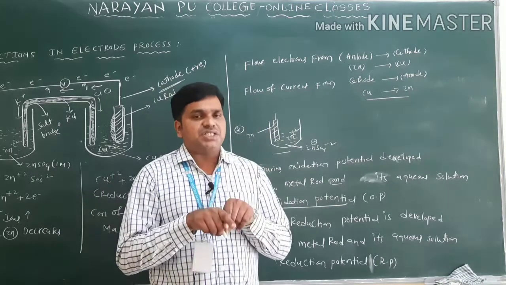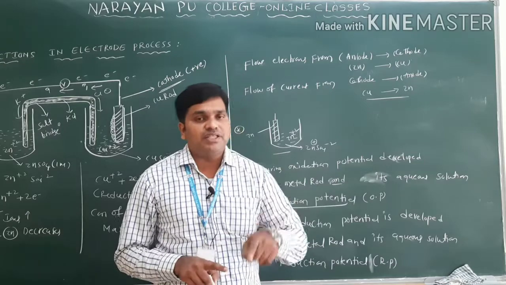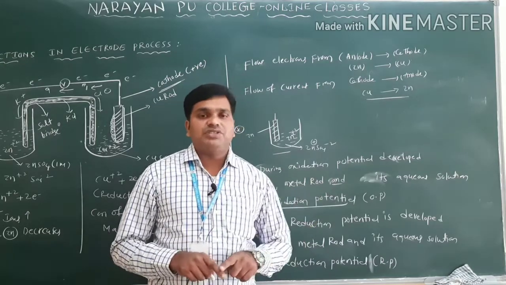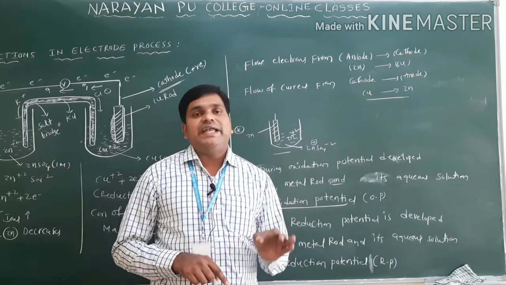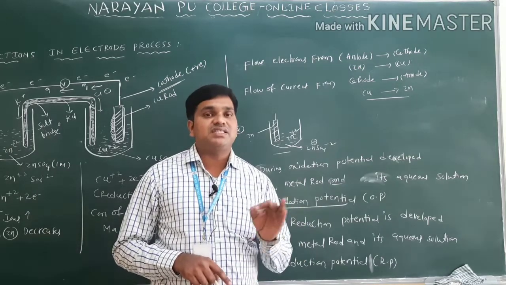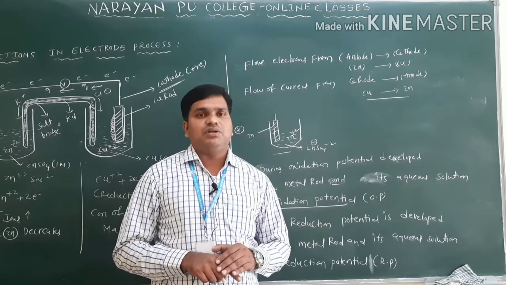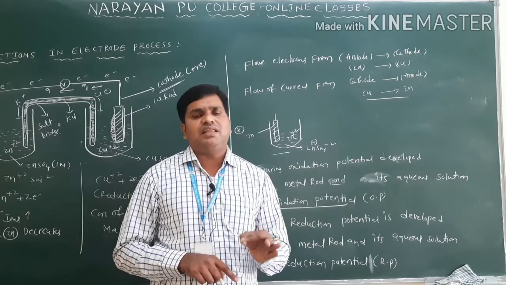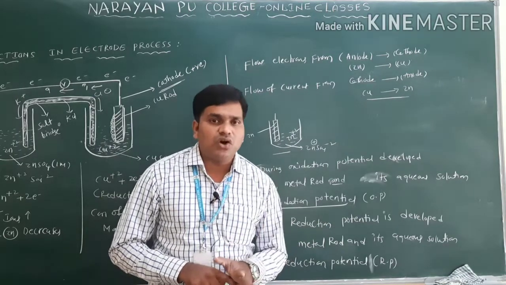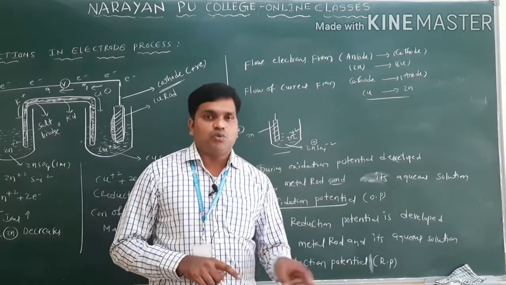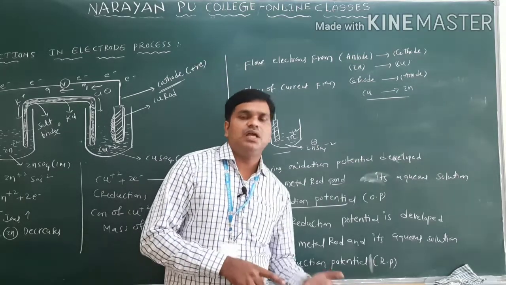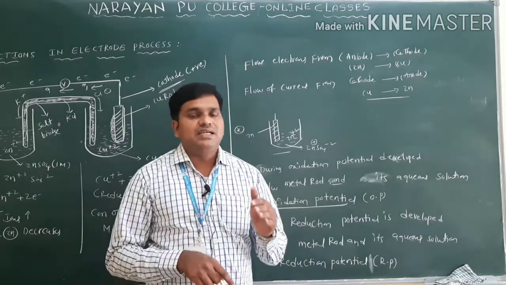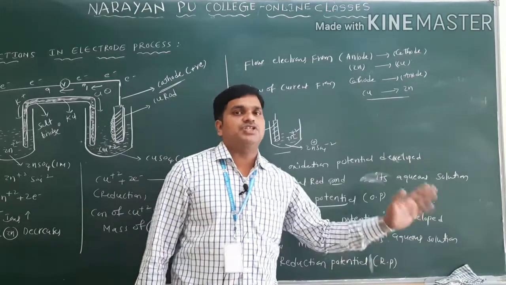At these conditions, the oxidation potential and reduction potential we measure are called the standard oxidation potential and standard reduction potential only. Potentials measured at the standard conditions we call standard electrode potential. If it is an oxidation, we call it standard oxidation potential. If it is a reduction, we call it standard reduction potential only.